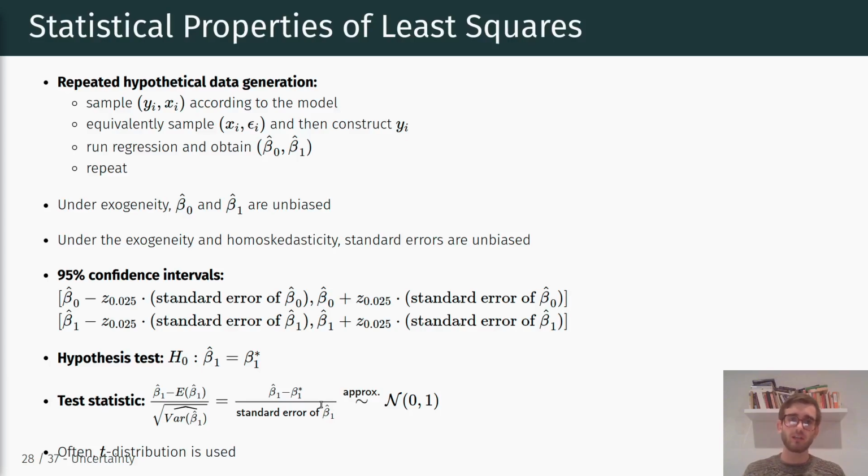So it is a conservative standard to just use the t-distribution, even if we rely on the central limit theorem, because with a large enough sample size, the t-distribution approaches the normal distribution anyhow, and for smaller sample sizes, it essentially represents a more conservative test.